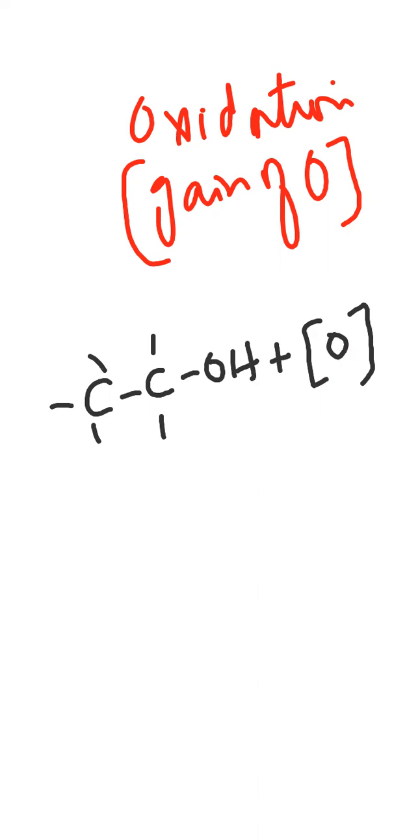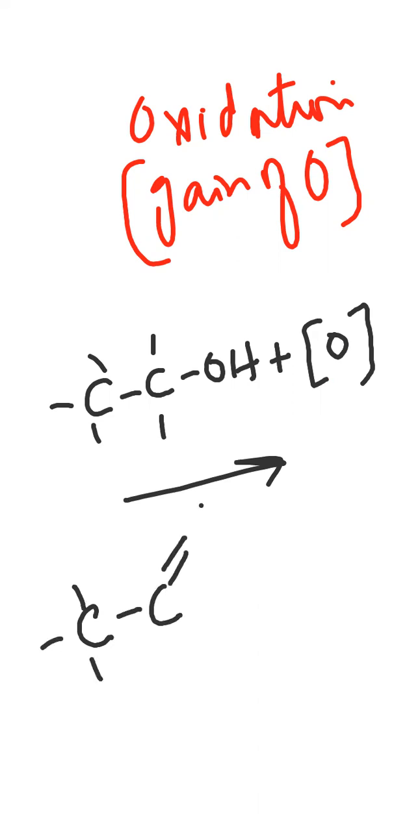What will happen here? The compound will be C, three hydrogens, C double bond O, H, plus water. This is called oxidation.